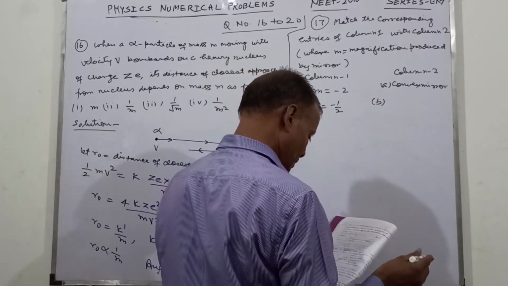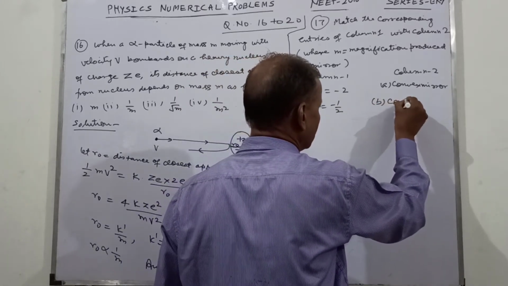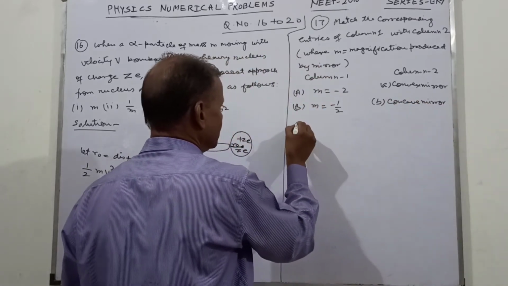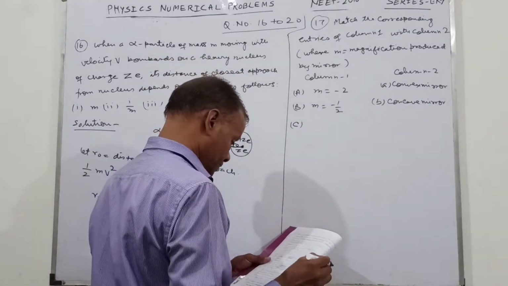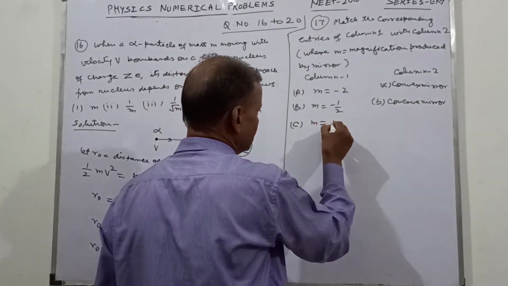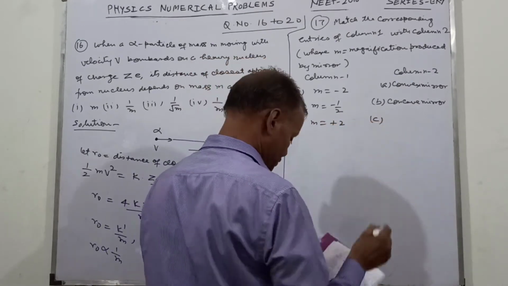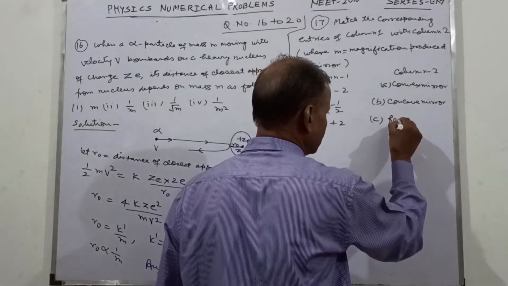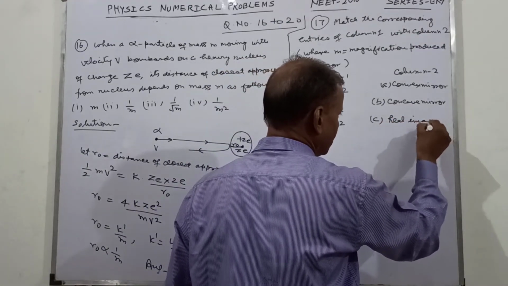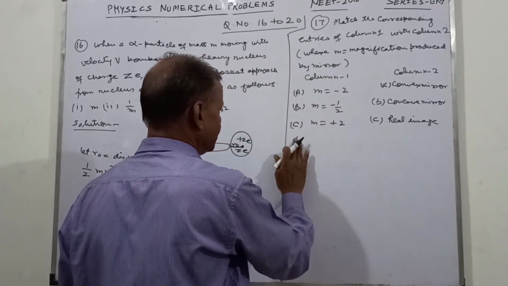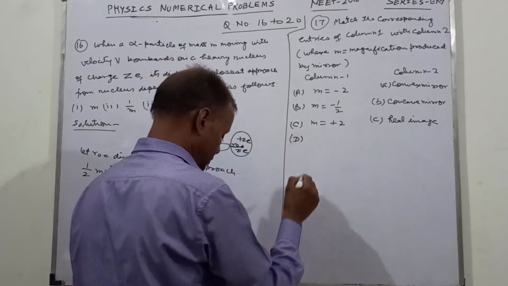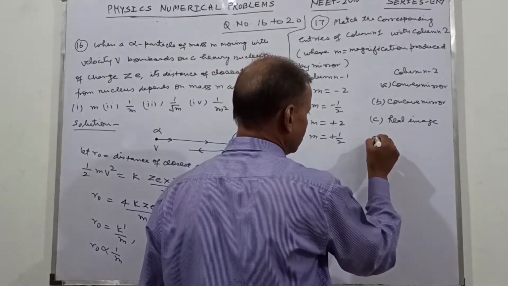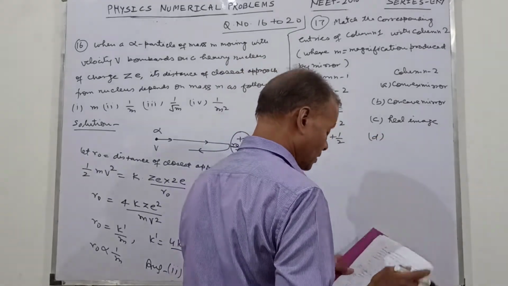Here B is given concave mirror. C, this is given plus 2, and here this C is given real image. And D, D is M equal to plus 1 by 2, and here this D is virtual image.